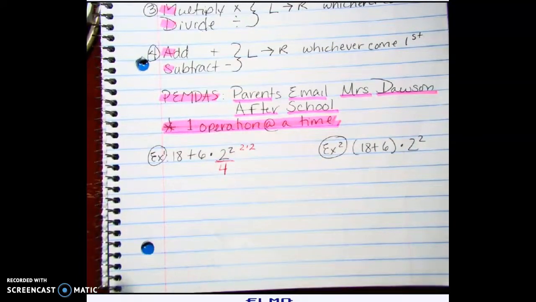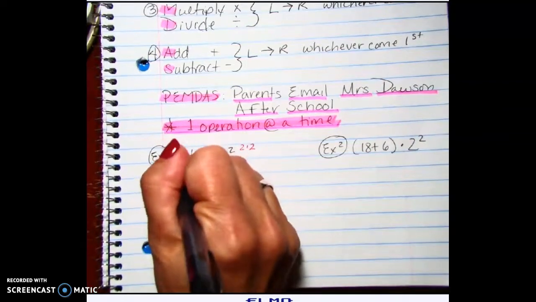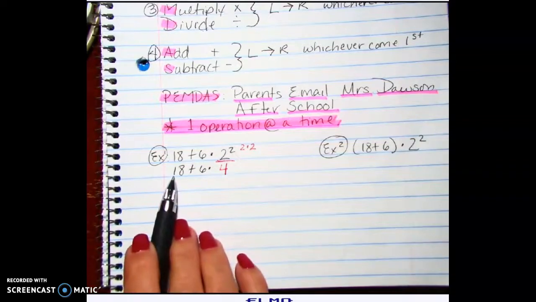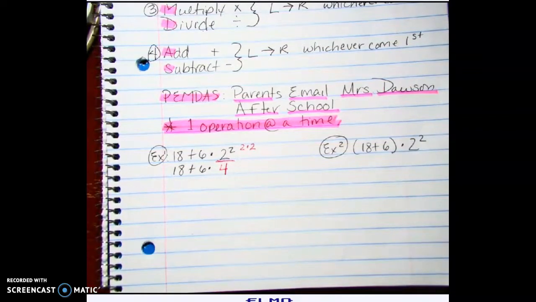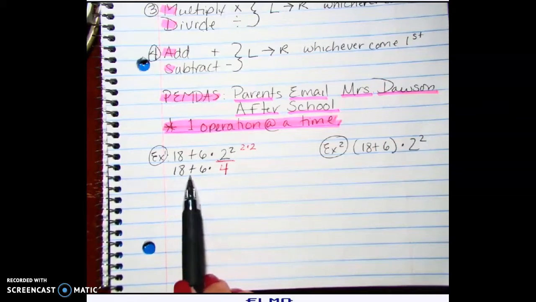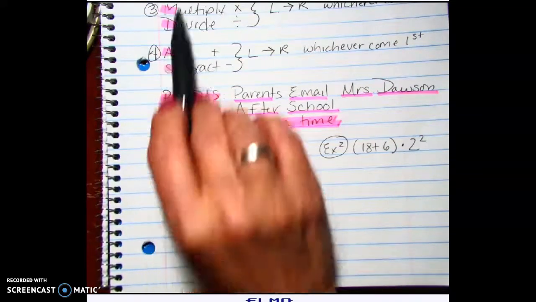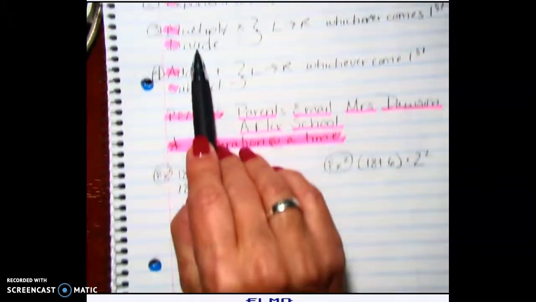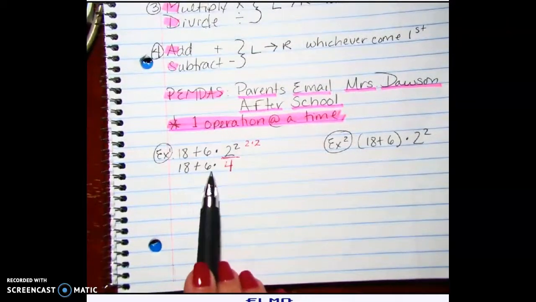That's one operation. But you know what I'm going to do? I'm going to write down the rest of my problem. Like I said, one operation at a time. Now I'm going to look left to right, and it looks like addition. But wait, first parentheses, then exponents, then multiply and divide. Is there multiplication in this problem?